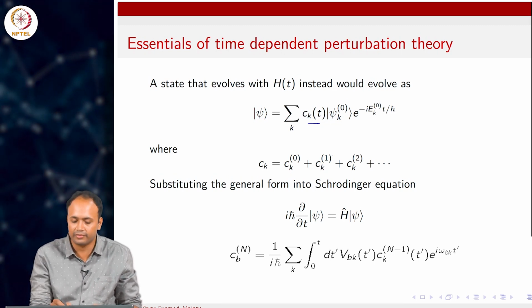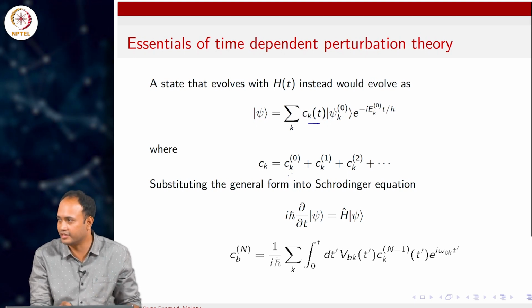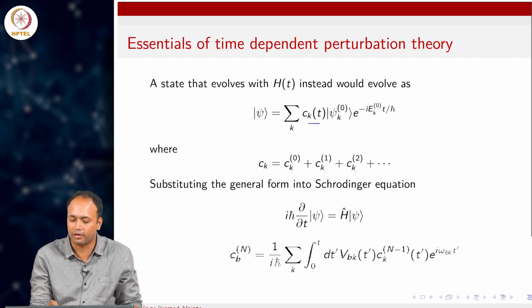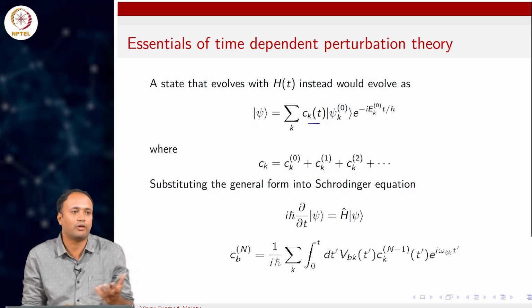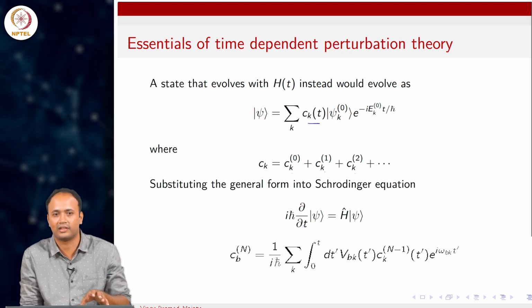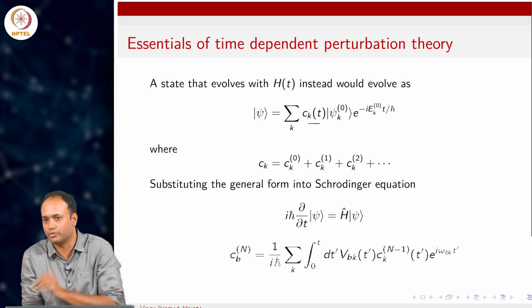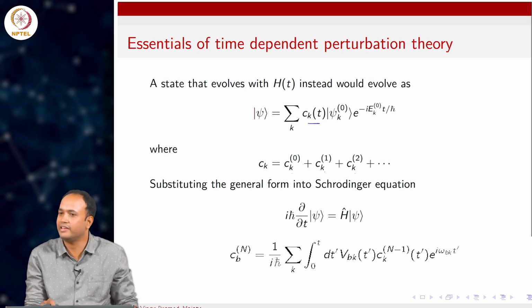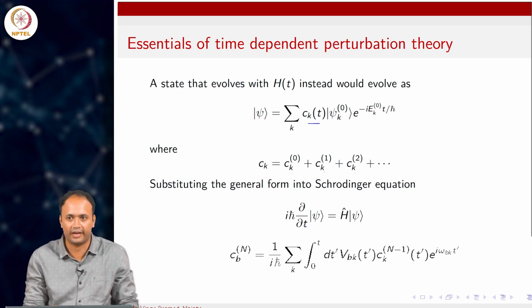Each of these contributions: that is a 0th order contribution, which is your original Ck, this is the first order contribution, second order contribution and so on. You can think of it like I am writing down a Taylor series: the first term is the most important, the second one is a bit less important, the third one even less important and so on. So it is a series, and depending on your problem you can truncate it to some order.